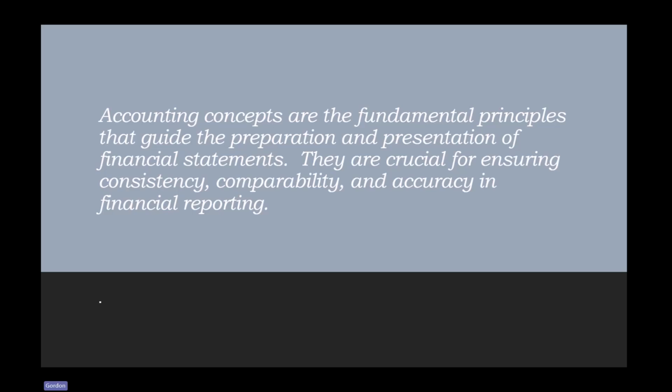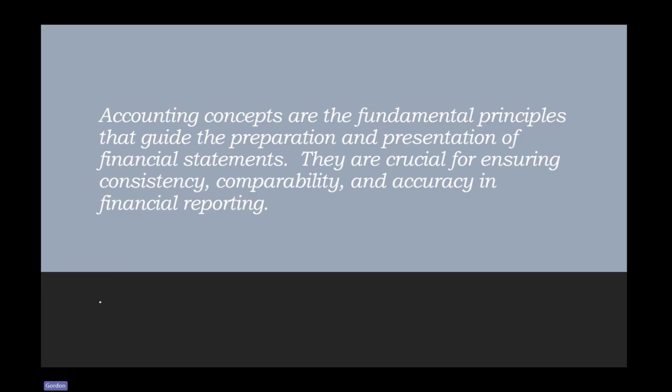It is very, very important that you understand the elements that underpin the preparation of a financial statement. If you don't understand what an asset is, what a liability is, what an expense is, or what equity is, you will not be able to prepare financial statements, right?